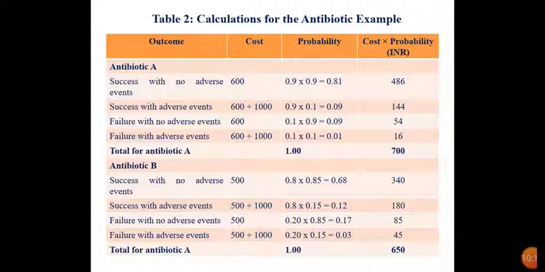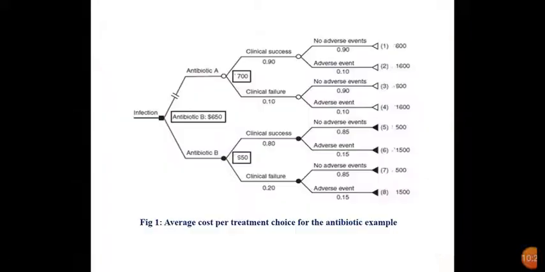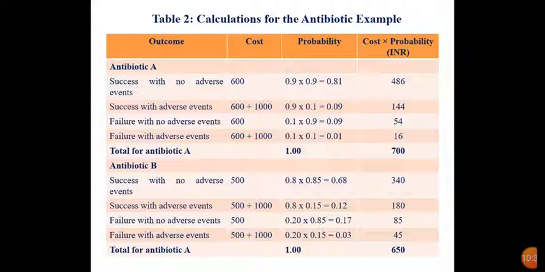Failure with an adverse event, the cost is 600 plus the adverse event cost of 1000, then it will become 1600. The probability of failure 0.10 with an adverse event 0.1 becomes 0.01. The cost and probability is 16.